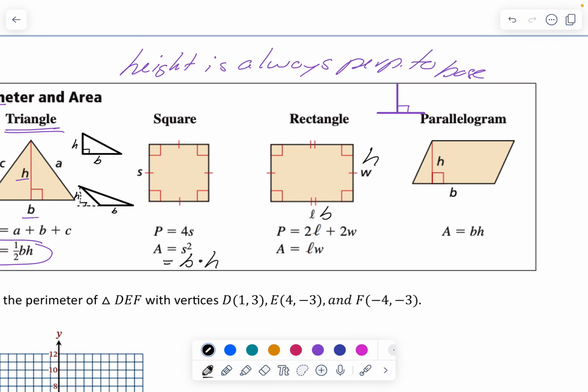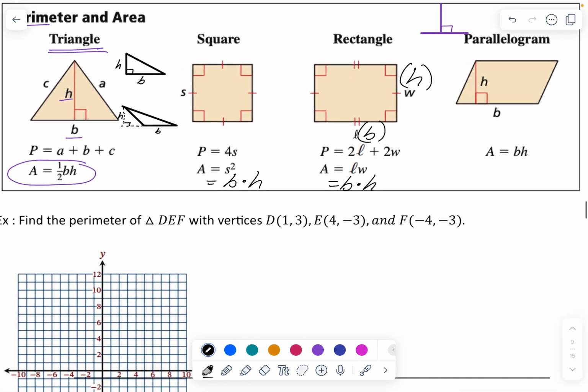In a rectangle, I don't know why they all of a sudden switched to length and width, but it still could be base times height if we call one the base and the other the height. And then the parallelogram is base times height. Notice again that the height is perpendicular to the base. It's not a side of the parallelogram, but it's inside the parallelogram, perpendicular.